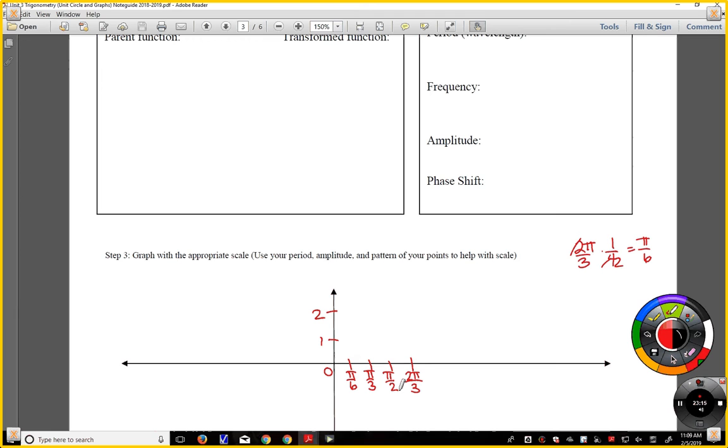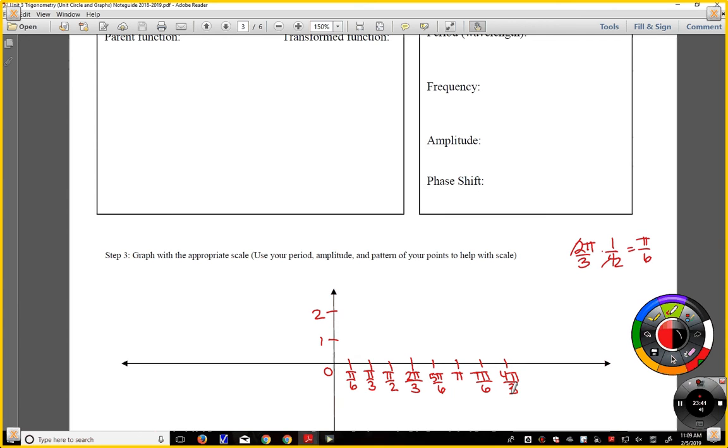Then the next mark is 4 pi over 6, but that reduces to 2 pi over 3, so that's good. The next mark would be 5 pi over 6. The next mark would be 6 pi over 6, but 6 over 6 reduces to be pi. 7 pi over 6. 8 pi over 6, but 8 over 6 reduces to 4 over 3. And that's how I'm getting my scale, okay?